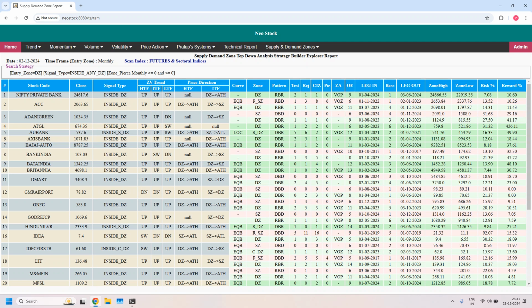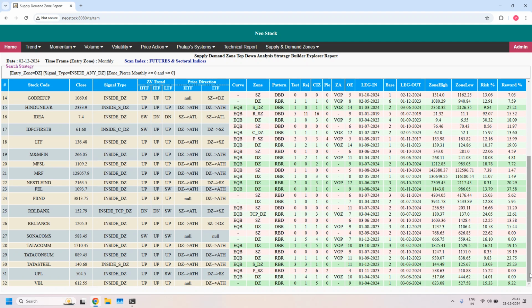We got a good number of stocks closed in the monthly demand zone. First 20 stocks in the list. I am scrolling the list down. So a total of 32 stocks are filtered where price closed inside the monthly demand zone.